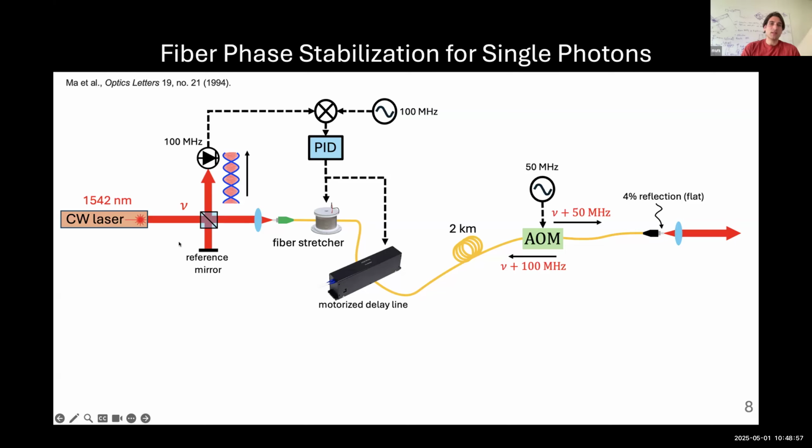It's simply an interferometer. We split one laser into two beams. There's a reference mirror that we hold incredibly stable, and we compare that with light that traverses the fiber and gets reflected by some end, either a mirror or just the end of the fiber. So we're just doing this interference measurement.